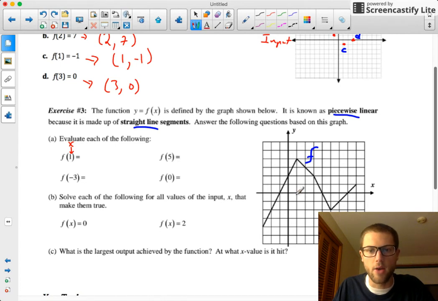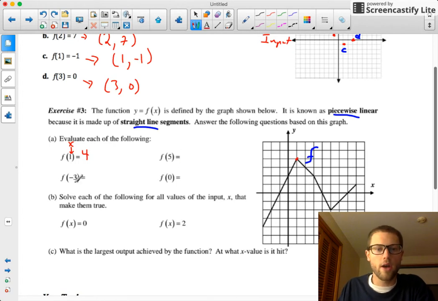That's my input, and now I need to follow up to the graph where my output lies. This point right here is where my output is, where my x is 1. I'm going to get a 1, 2, 3, 4. So that means that f of 1 is equal to 4. That should also make sense since it's associated with the coordinate 1, 4.